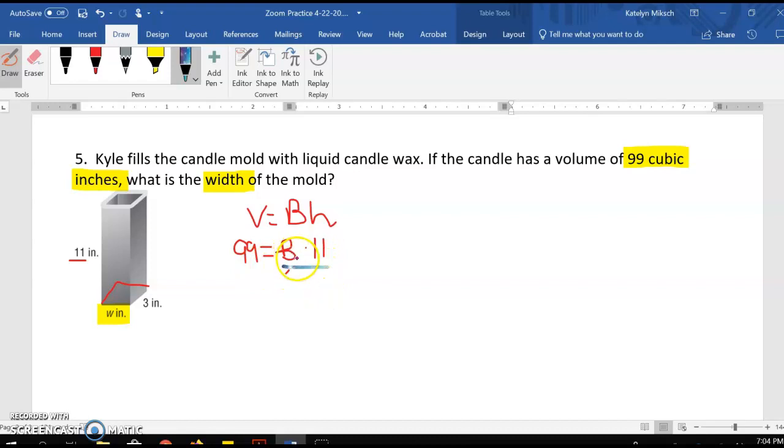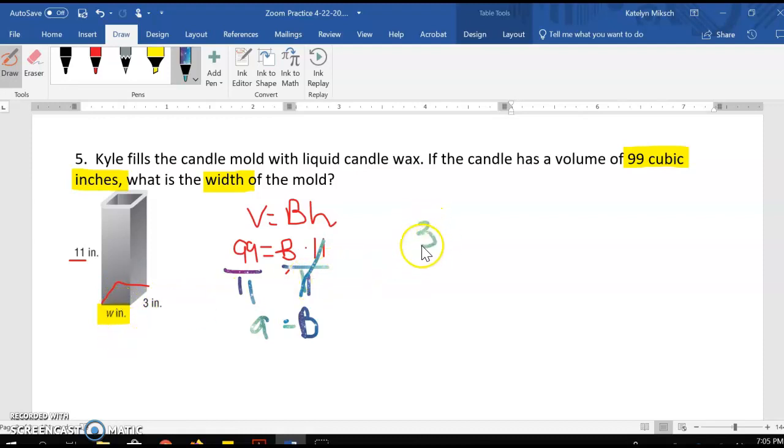A lot of you could do that in your head, but we can divide by 11 to see what big B should be. Now we have that B by itself. 99 divided by 11 is 9. So if 9 is big B, our base is a rectangle. So to find the area of a rectangle, we do base times height.